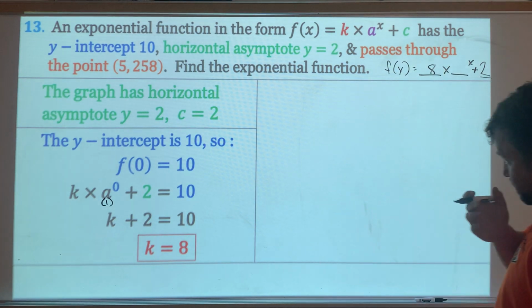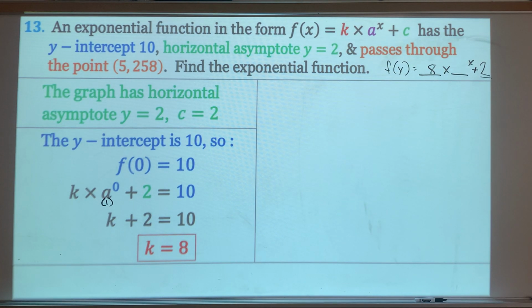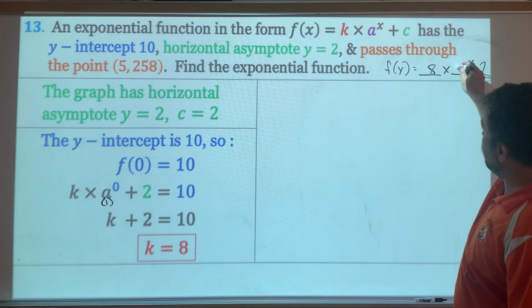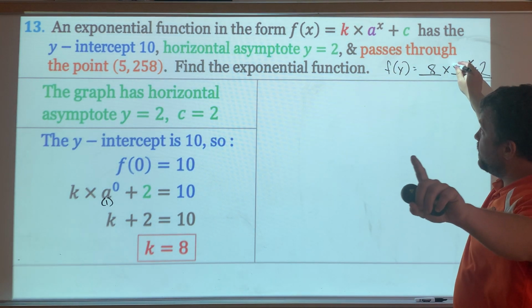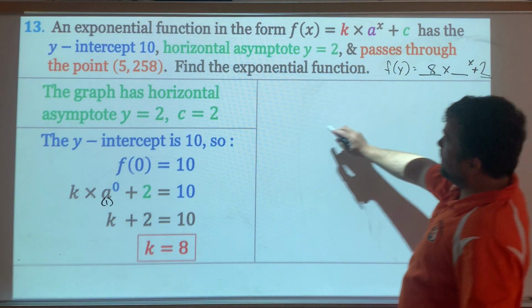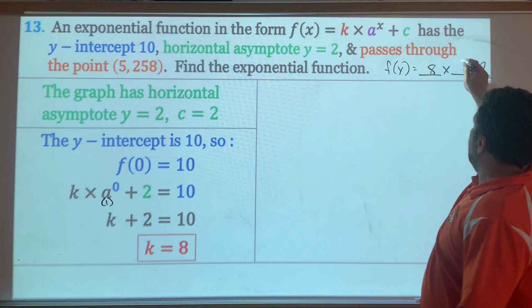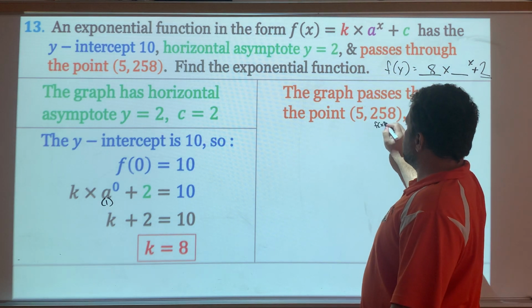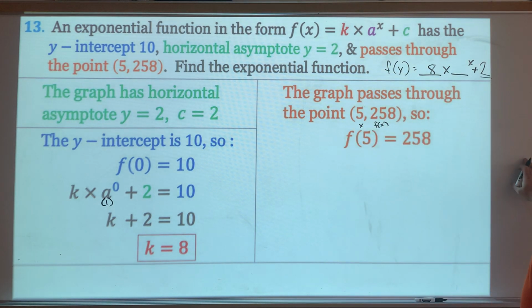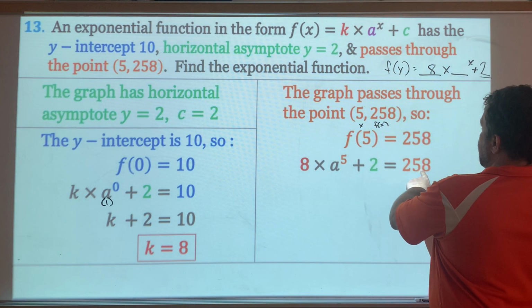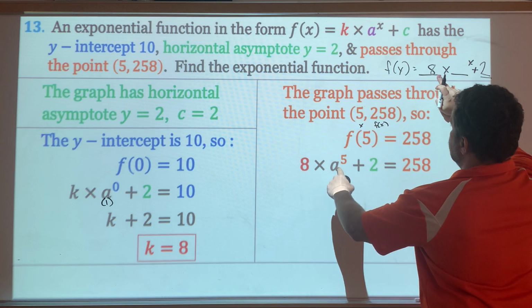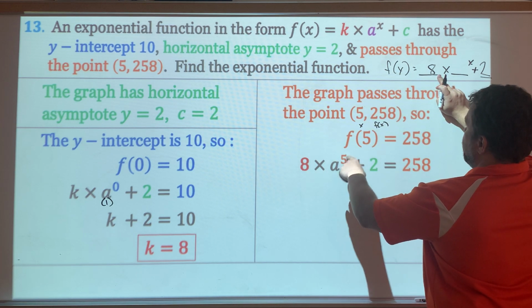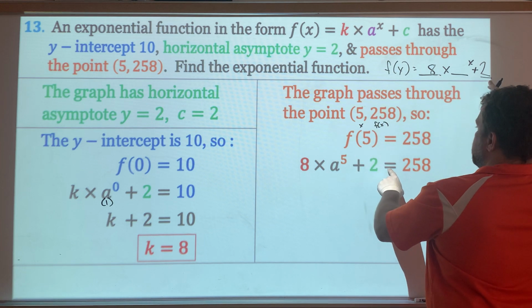We got 2 pieces. Last piece we need is the a. And remember, we only need 1 point if we only need 1 equation. So the graph passes through point (5, 258). So this is our f of x. This is our x. 258 equals 8 times a, which we don't know, to the 5th, plus 2.